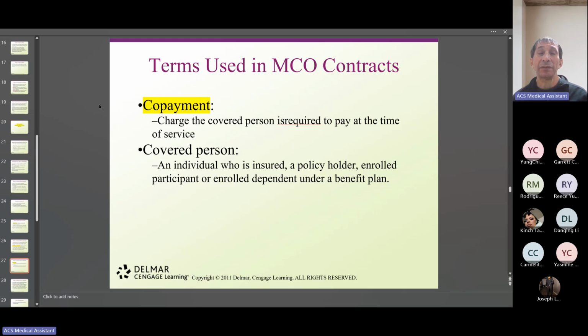Now, what happens if the patient does not have the copayment? Oh, I don't have cash with me. Well, if you take credit cards or debit cards, you can suggest payment through those methods. Otherwise, you just tell your office manager.